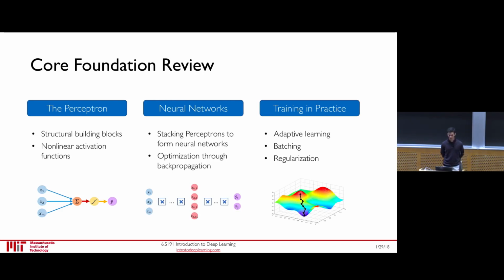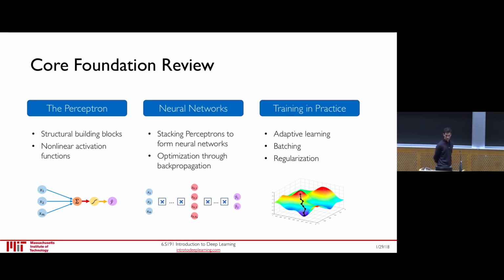So I'll conclude this lecture by summarizing 3 key points that we've covered so far. First, we've learned about the fundamental building blocks of neural networks, called the perceptron. We've learned about stacking these units, these perceptrons, together to compose very complex hierarchical models.